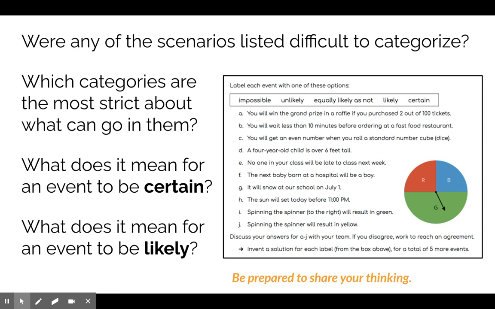So once again, we are checking our work in the student companion. So if you need to change any of your answers, let's make sure that we do. So A was unlikely, B was likely, C is equally likely as not, D is impossible, or if you put unlikely, that is also acceptable.